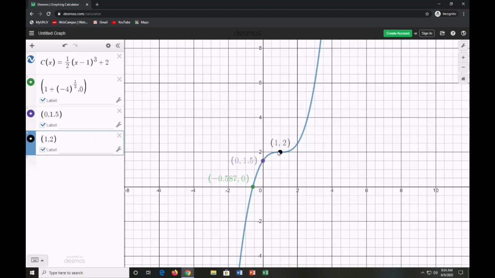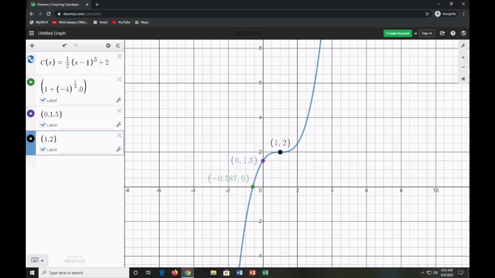So that point is 1, 2. How do we get this point? You can easily know the coordinates of that inflection point by looking at the original function. Remember, going back to when we talked about transformation of functions, the general form is always x minus h, to some power or absolute value or something, plus k.